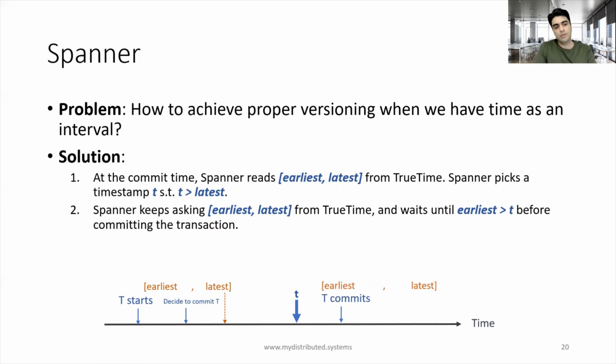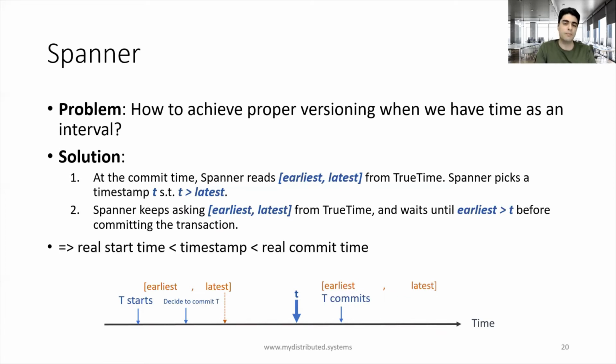With these two properties, Spanner guarantees that the timestamp that it assigns to each transaction is strictly greater than the real start time of the transaction and strictly smaller than the real commit time of the transaction.